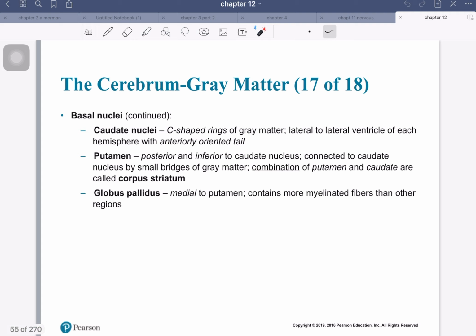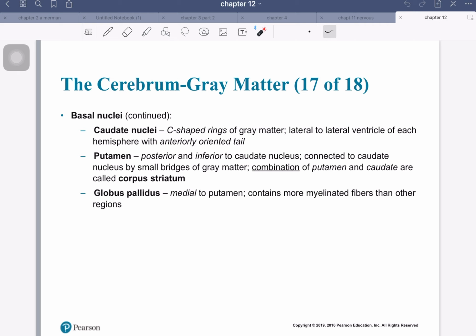So let's have a quick look at what they do. When I'm looking at the basal nuclei, the caudate nuclei is one of them, and it's a C-shaped ring of gray matter. It is lateral to the lateral ventricle in each hemisphere, and it has an anteriorly oriented tail.